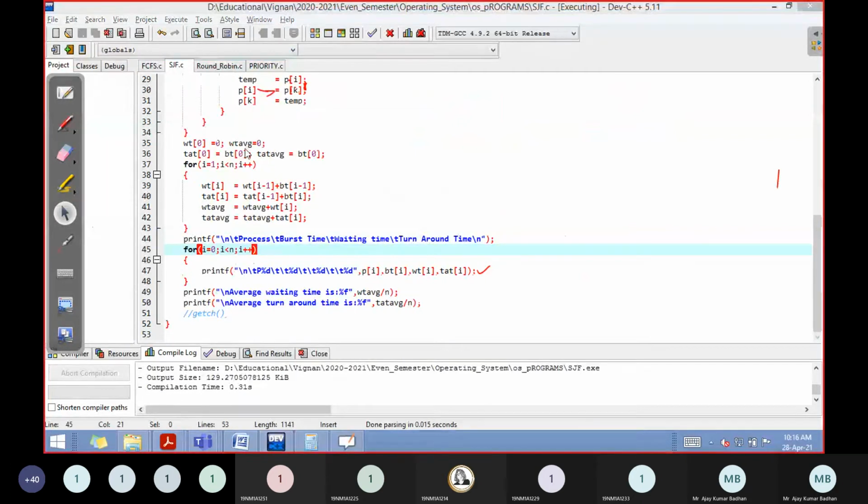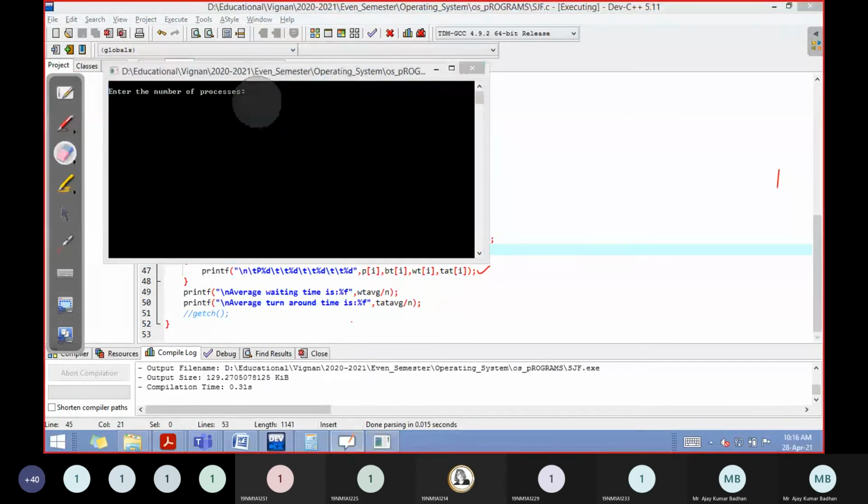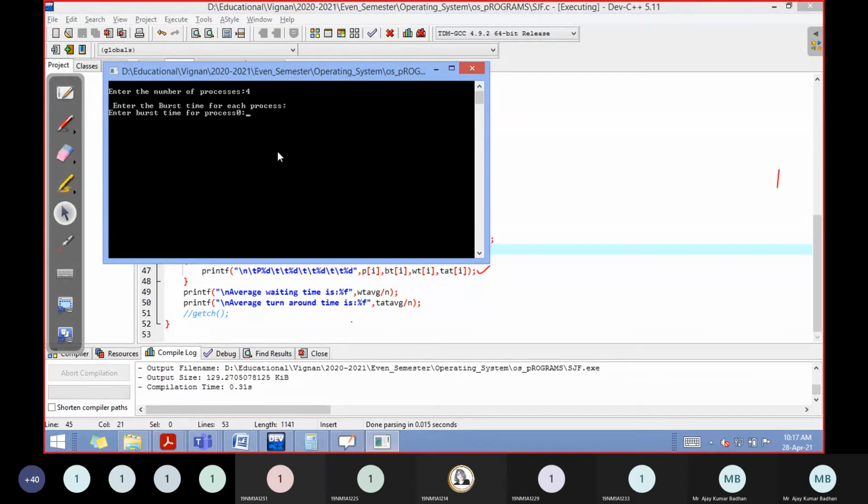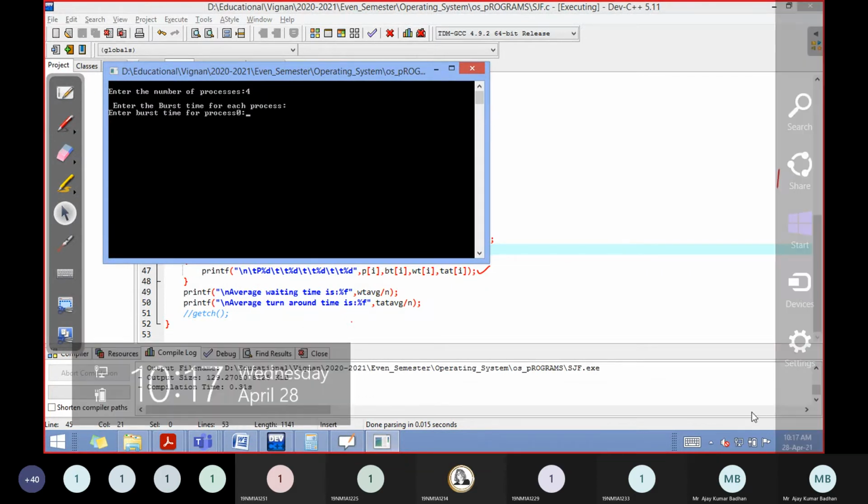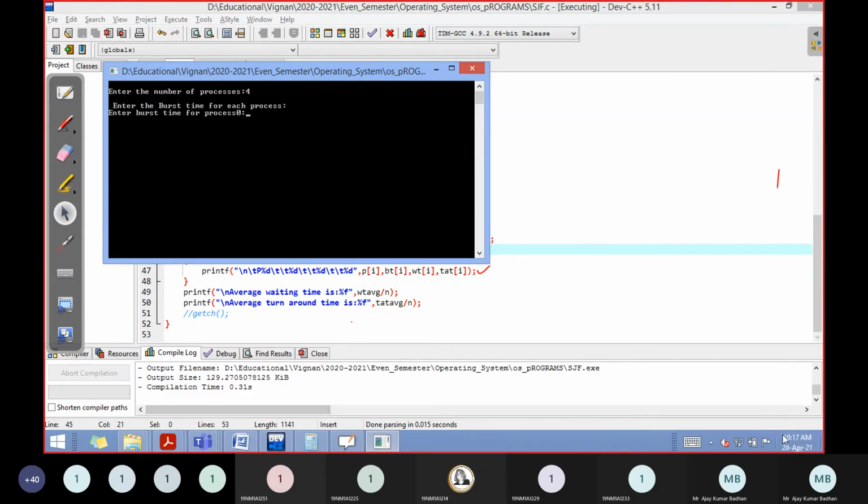So F11. We gave 4 processes here. Now the burst time for the processes, let me see it once so that we don't get any confusion.